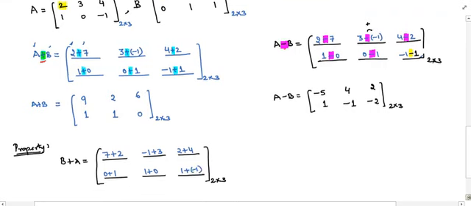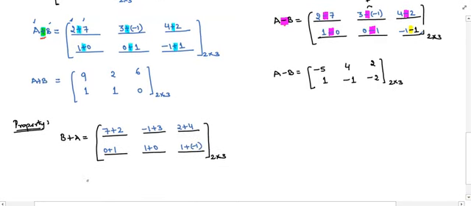Now, we know that matrix addition is commutative. It doesn't matter whether you write 7 plus 2 or 2 plus 7, it will be same. It gives you 9, 1, 2, 1, 6, 0. It is 2 by 3. So from these two results, you can see this matrix A plus B and B plus A, both are same. The numbers are same.